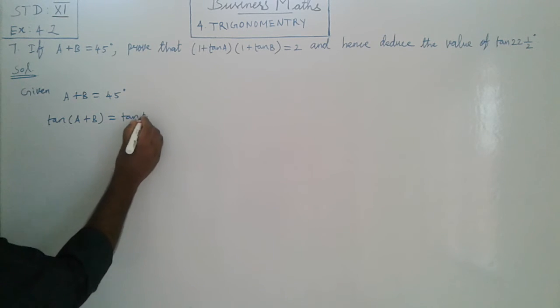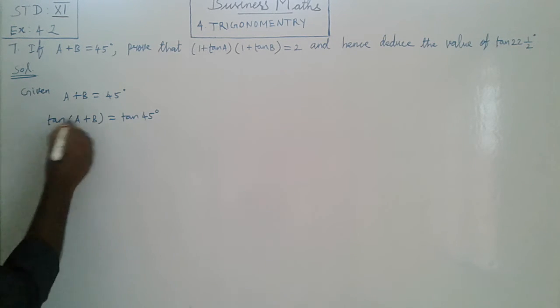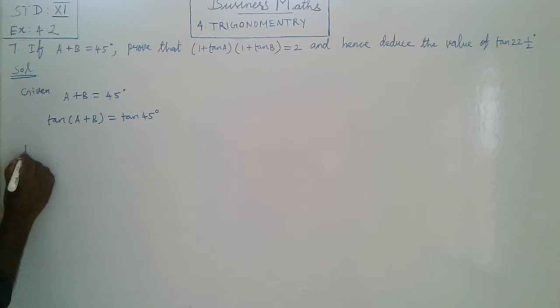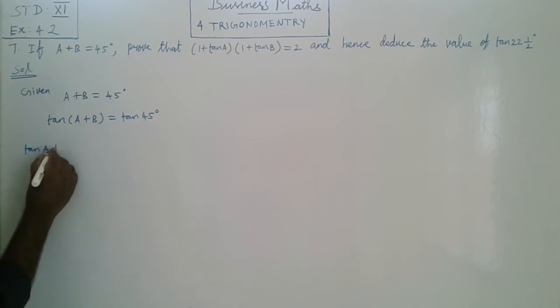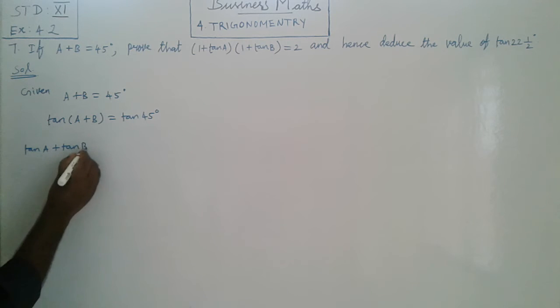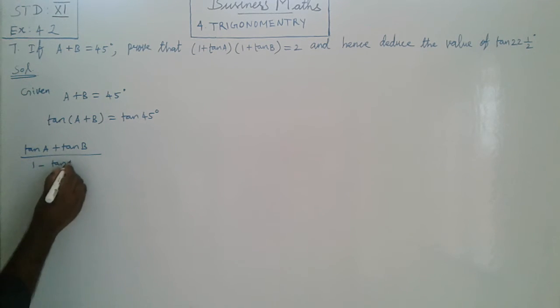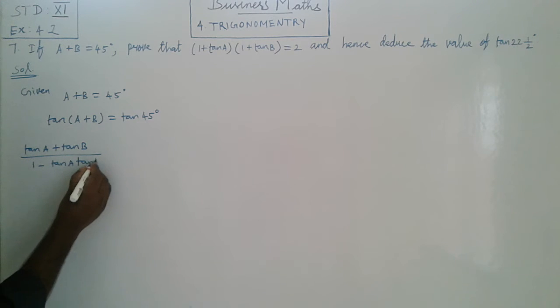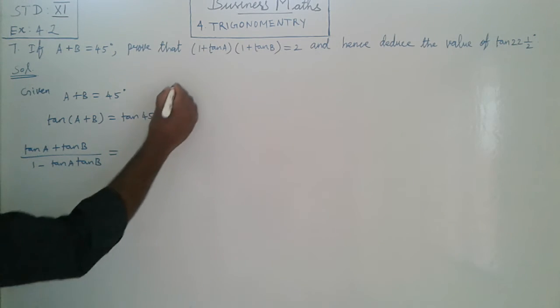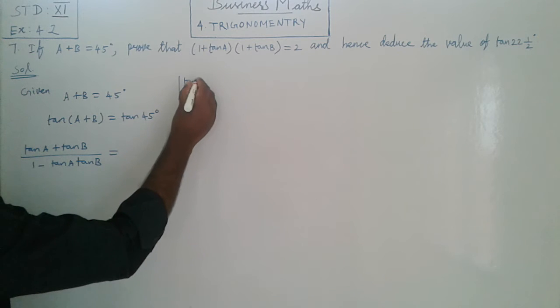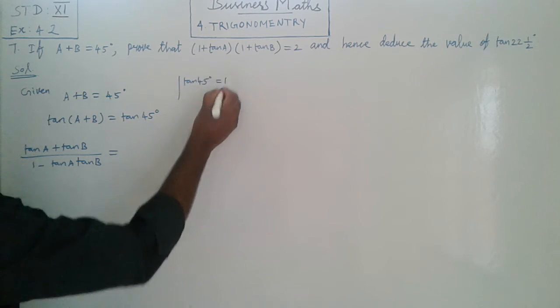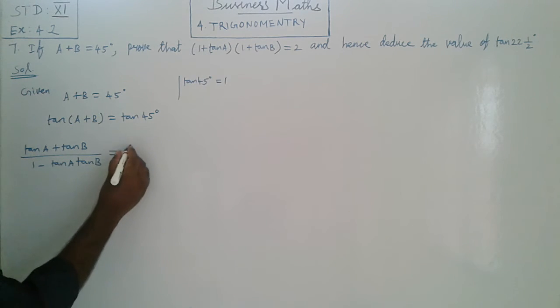tan 45 degrees. We know the formula: tan(a plus b) equals (tan a plus tan b) divided by (1 minus tan a into tan b), equal to tan 45 degrees, whose value is 1.